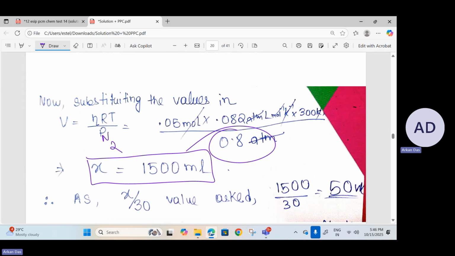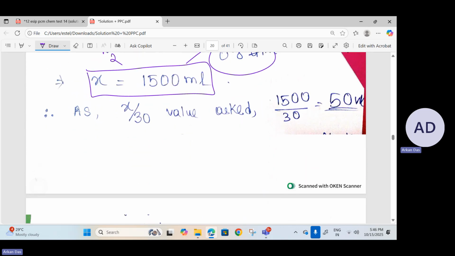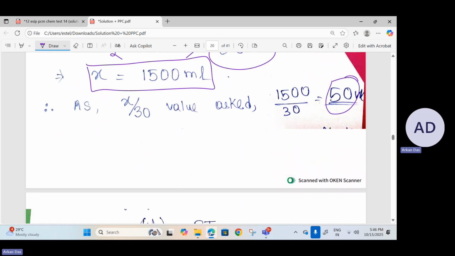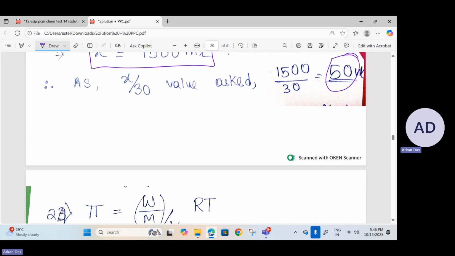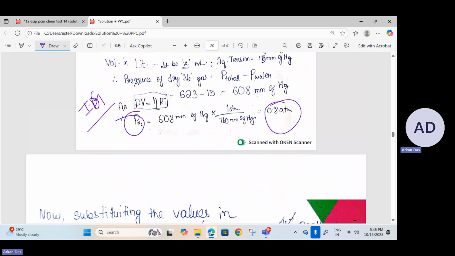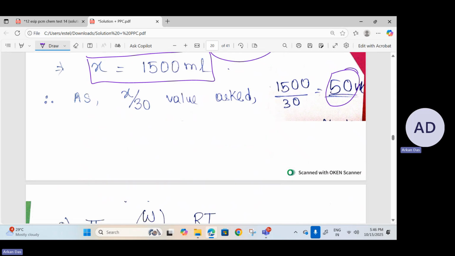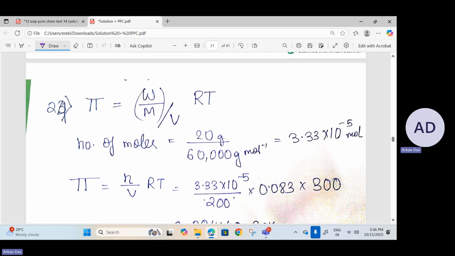And after we found the volume, we are just substituting the values in Dumas method. The answer is coming 50 ml, because 1500 by 30 gives you 50 ml. Is it clear? So first of all, you started with Kjeldahl method, then you used the ideal gas formula after Kjeldahl method, then you're putting the final value for Dumas method, getting the answer as 50 ml. It's quite a big question.